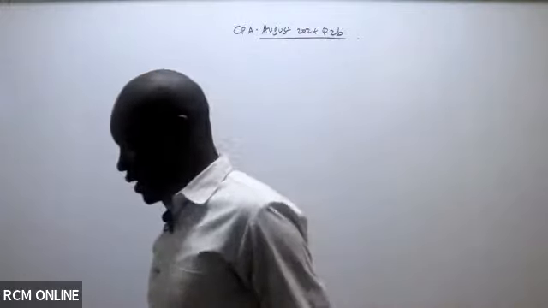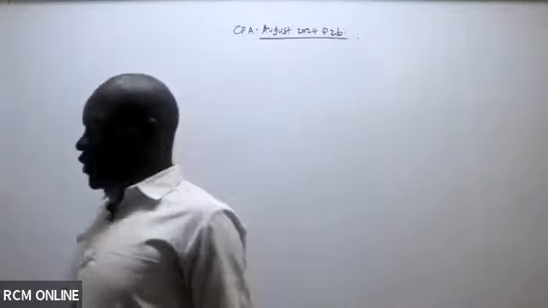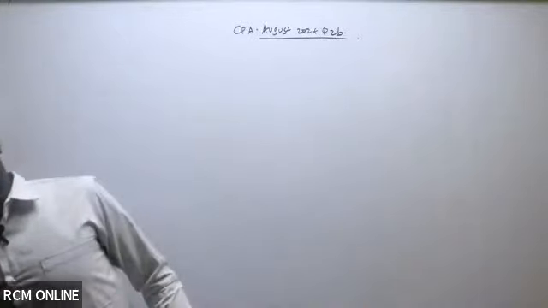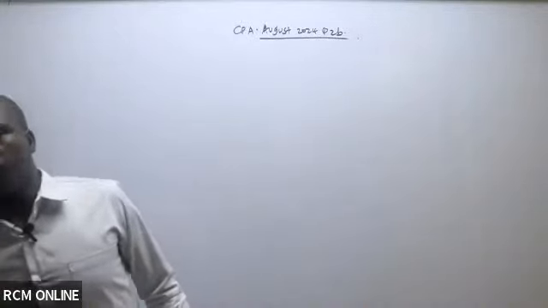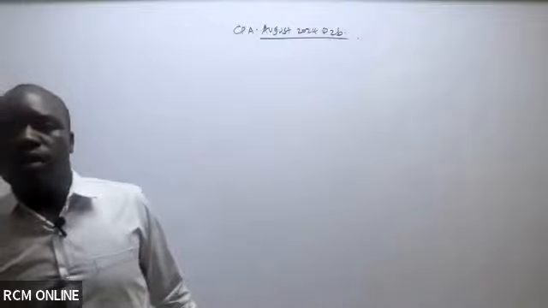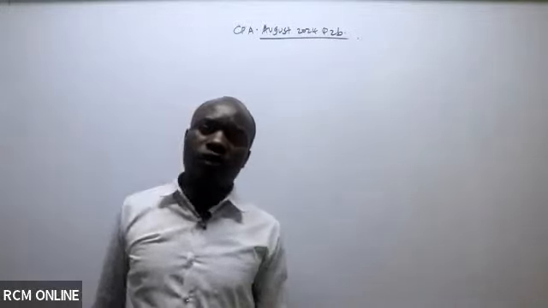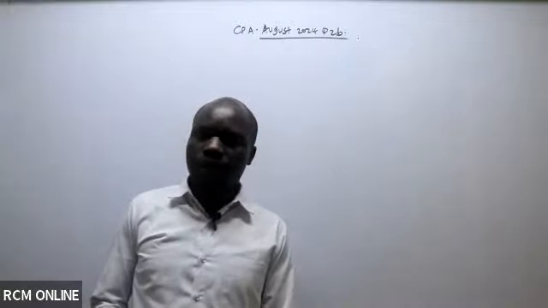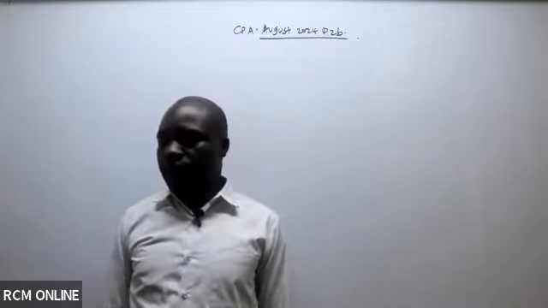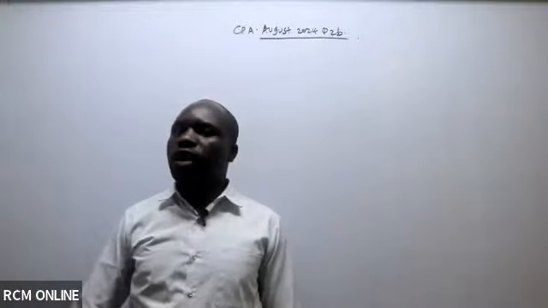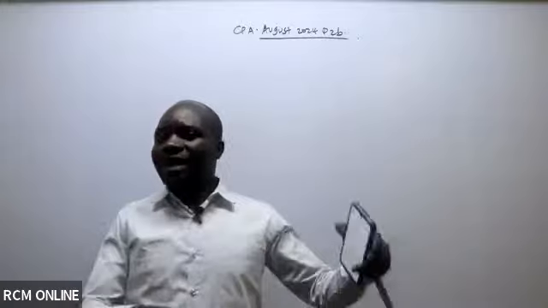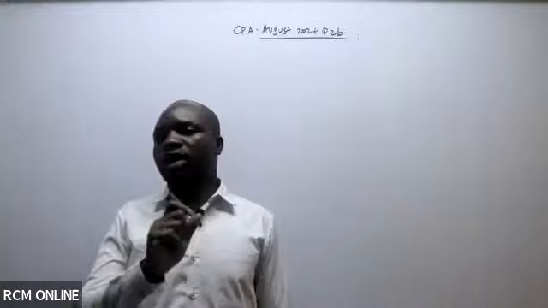And if you do it once in a year, you'll find that in most cases, some goods that were lost in February, you get to realize it when you get to December. But if you are doing it on regular basis, let's say on weekly basis, at the end of every week, you'll be able to identify that, you know what, it is the last week that these goods were actually stolen.